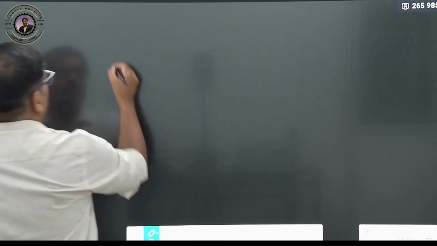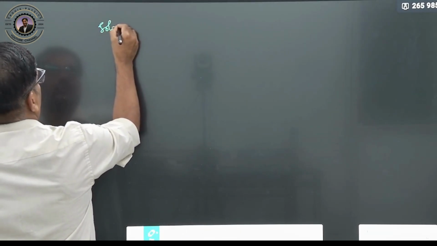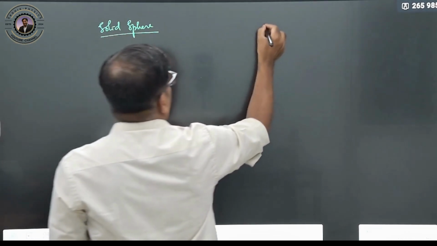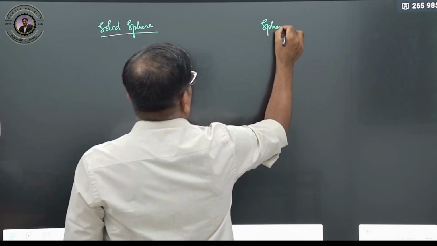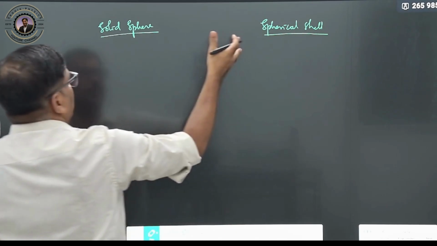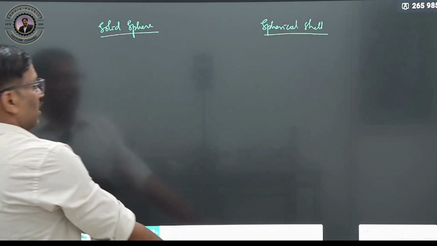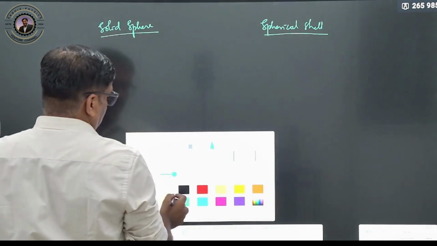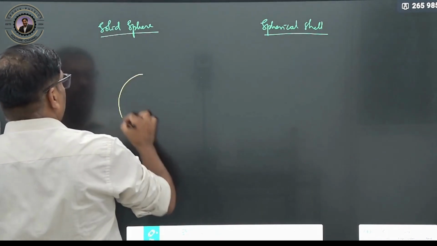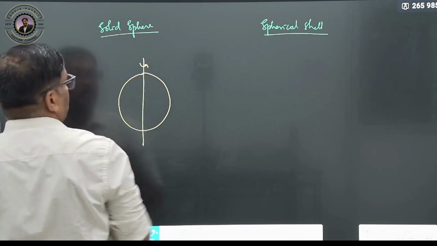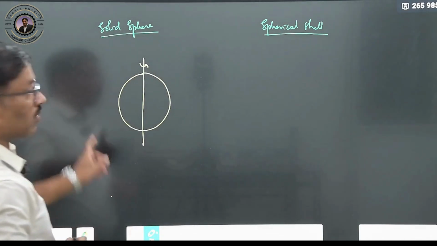Now similarly, solid sphere and spherical shell, the hollow sphere, we can write. Solid sphere means the full material will be present, exactly like a sphere, but fully filled with material. What will be the moment of inertia of a solid sphere?